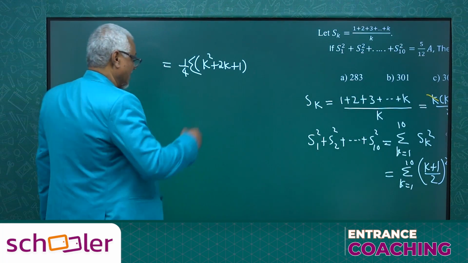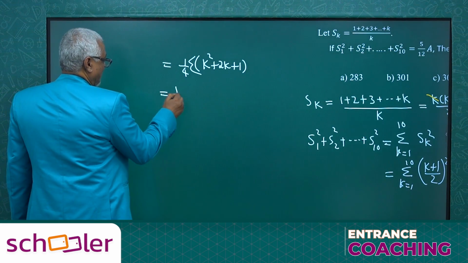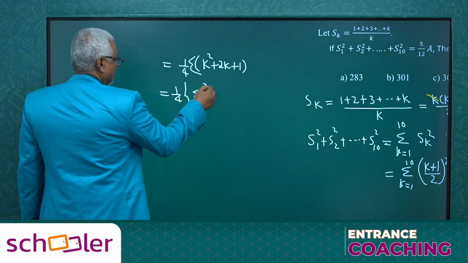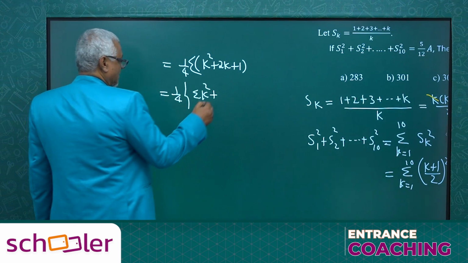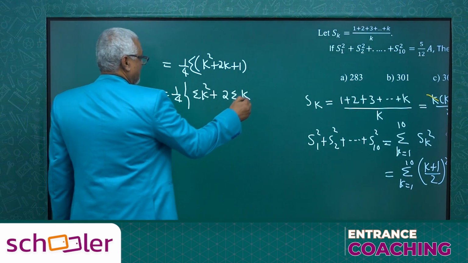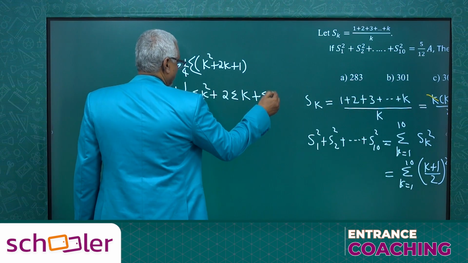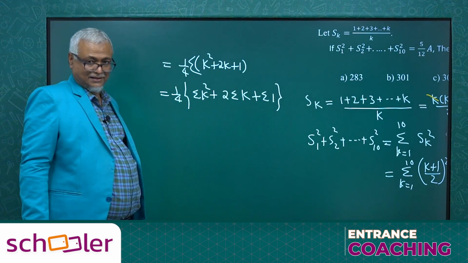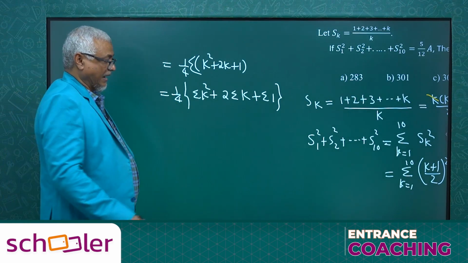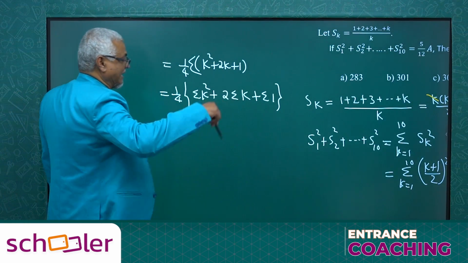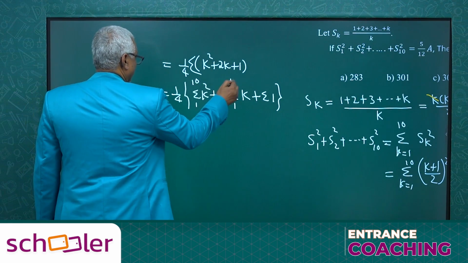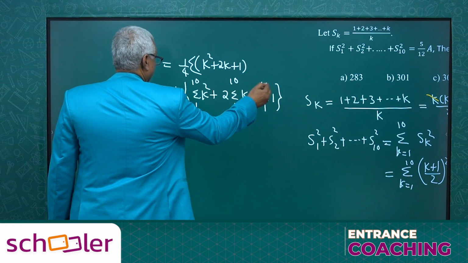Now split. 1 by 4 into sigma k square, 2 times sigma k plus sigma 1. We split the sigma, all terms. And sum is up to 10 terms only. 1 to 10. Here also 1 to 10. Here also 1 to 10.